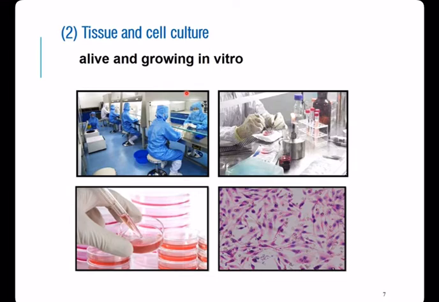We do it in the clean bench and wear sterile clothing like this. This is the cell culture dish with pink culture media in it. The fourth picture shows live cells in the dish.